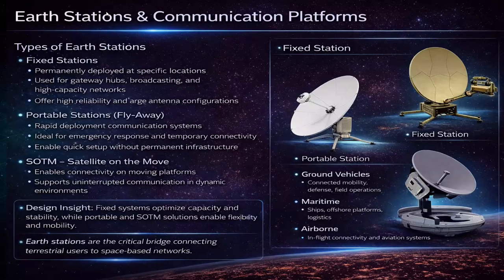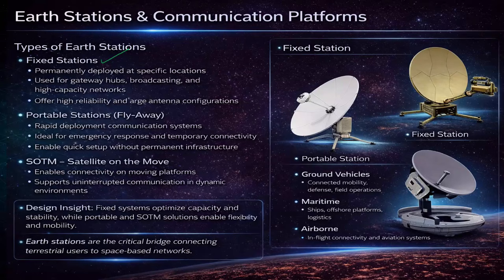There are different types of Earth stations based on their deployment and mobility. The first type is fixed stations. Fixed stations are permanently installed at a specific location. They are typically used for gateways, broadcasting, and large communication hubs. These systems offer high reliability and large antenna sizes.